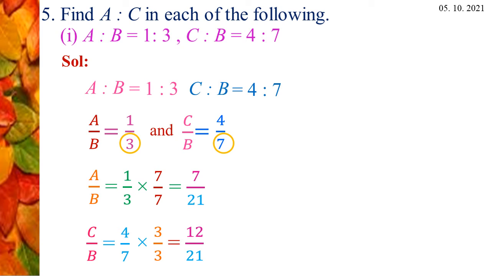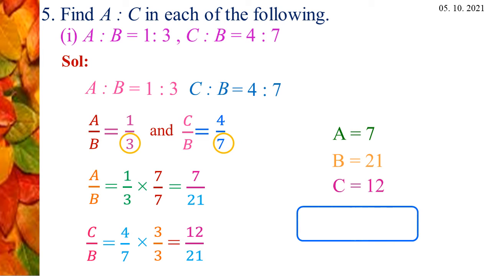Now we get A equals 7, B equals 21, C equals 12, B equals 21. Now we get the same B value, 21. So A equals 7, B equals 21, C equals 12. Therefore A is to C equals 7 is to 12. So the A is to C value is 7 is to 12.